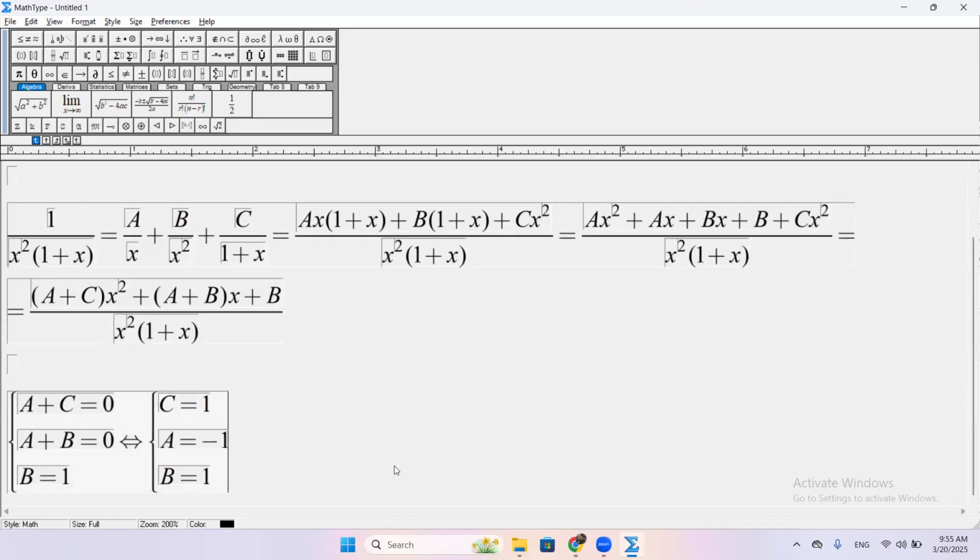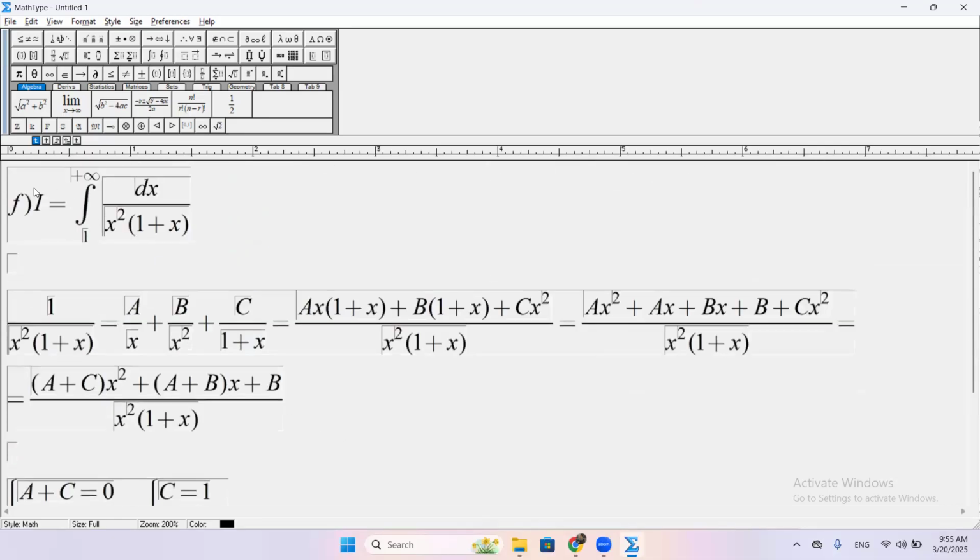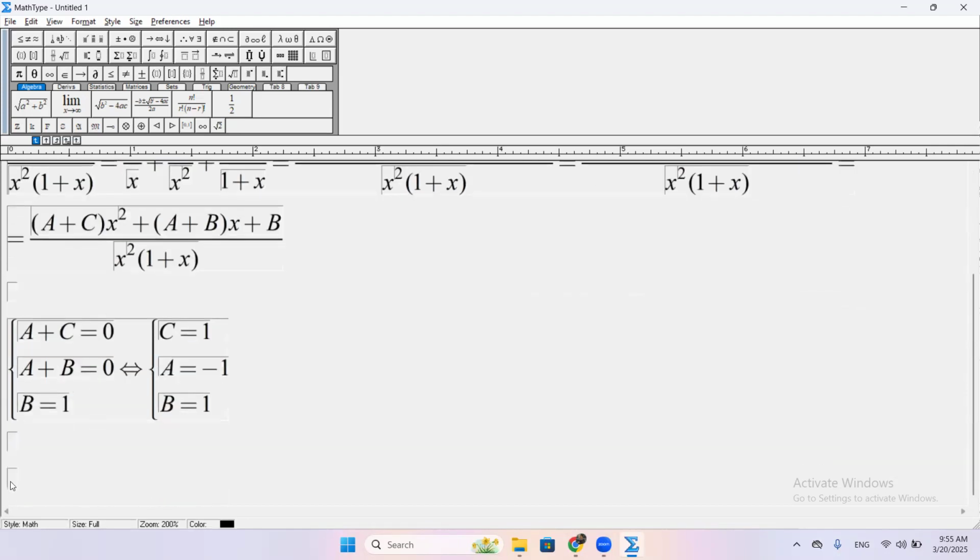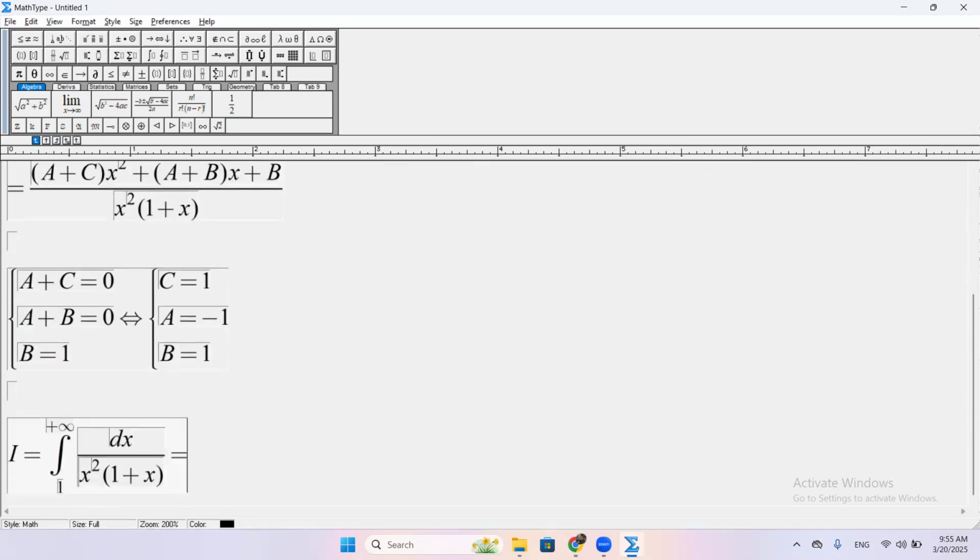So now let's rewrite the integral: minus 1 over x, plus 1 over x squared, plus 1 over x plus 1.